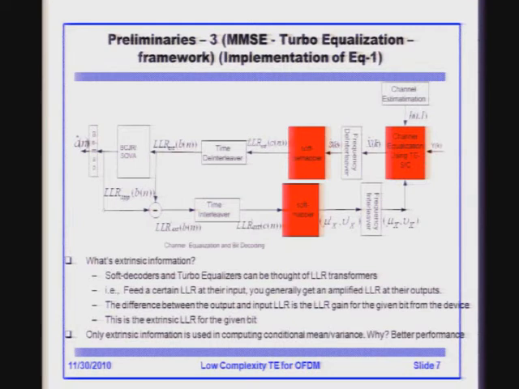So basically, we have 5 different blocks in this configuration. One is the symbol estimator, and the mapper and demapper. We are going to see them in detail. And you have the frequency interleaver and de-interleaver, time interleaver and de-interleaver, and the decoder block based on the BCJR algorithm. So 3 plus 2 plus 1, 6 blocks.